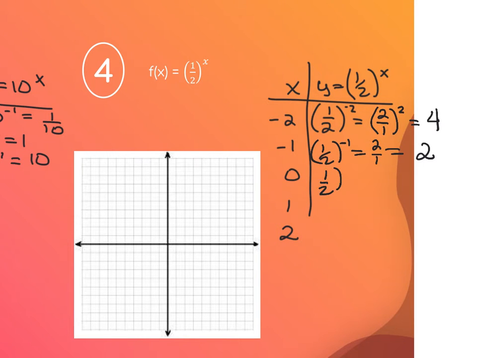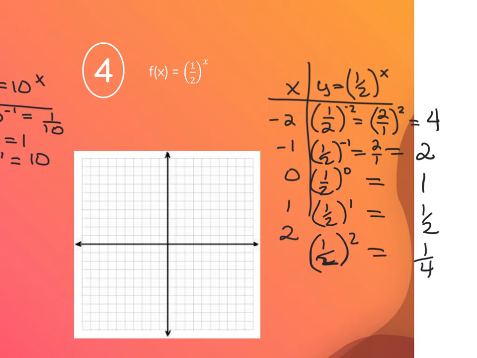Any number raised to the 0 power equals 1. 1/2 to the first power equals 1/2. And 1/2 to the second power equals 1/4.